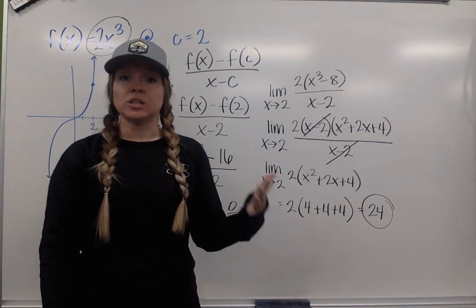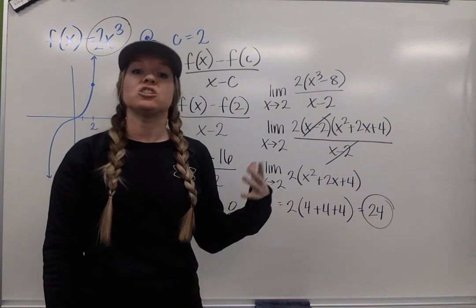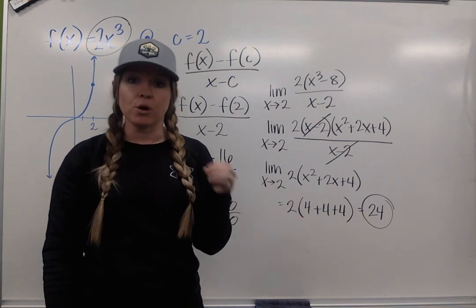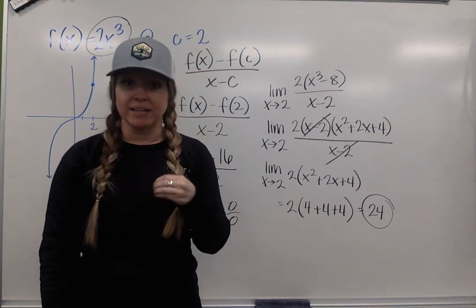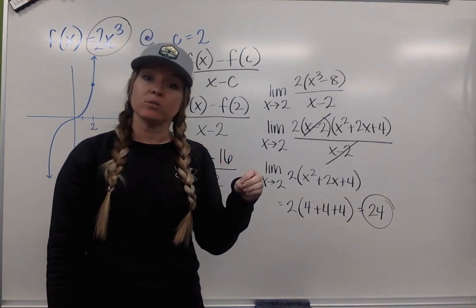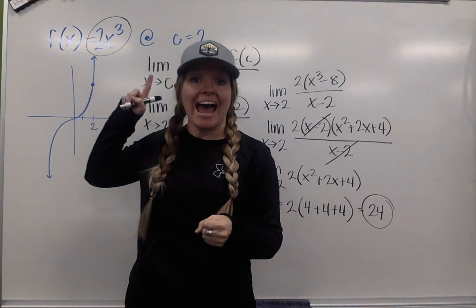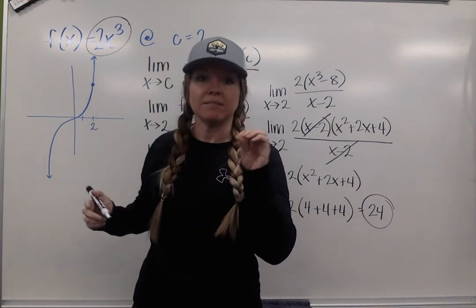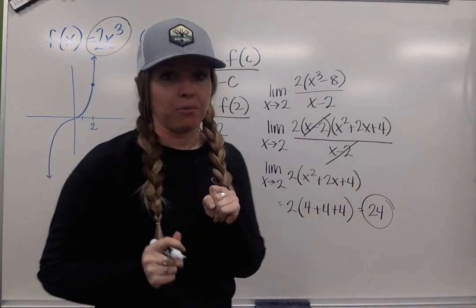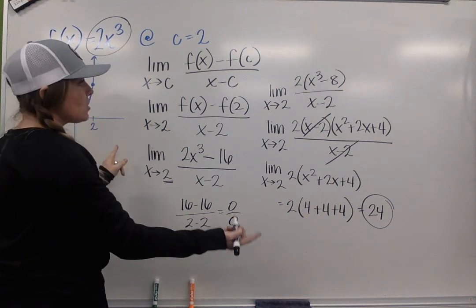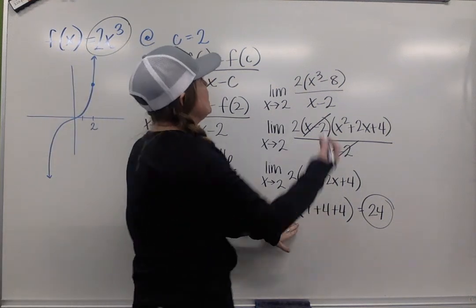Okay, something that's really cool is slope is also known as a derivative. We just found the derivative of 2x cubed at 2. Derivative. We're going to be spending a lot of time on that word. Okay? Another way that I can write this is right here.